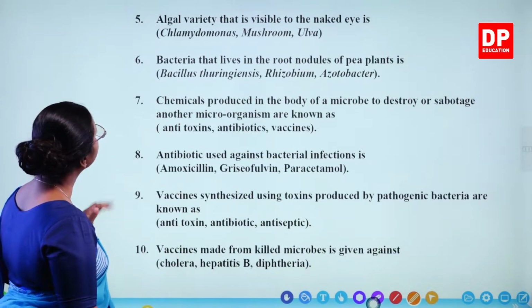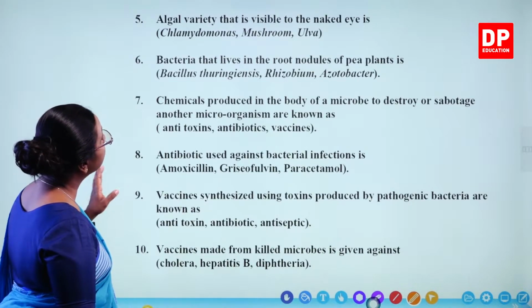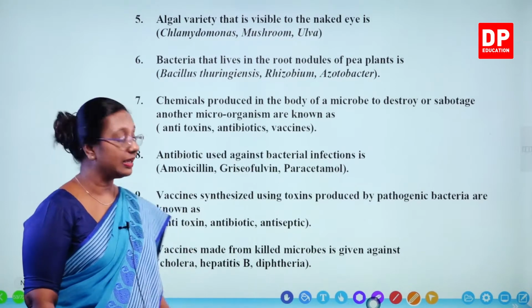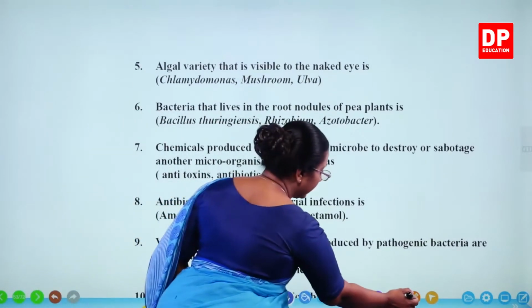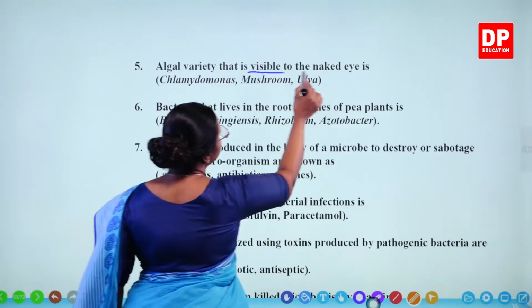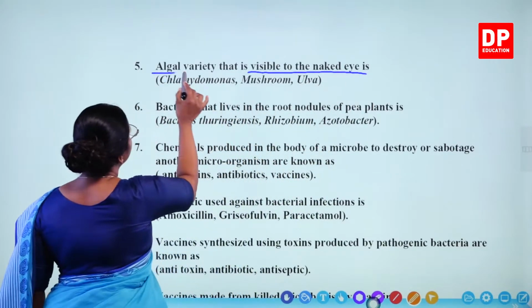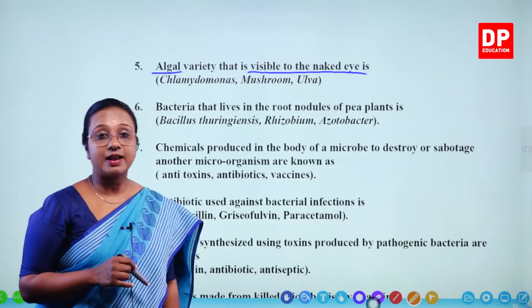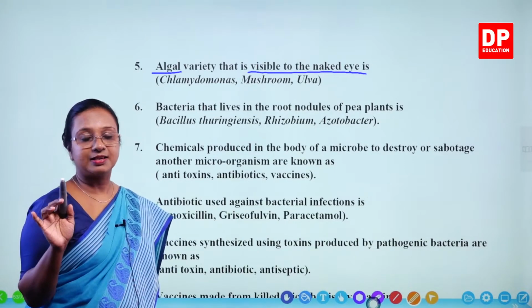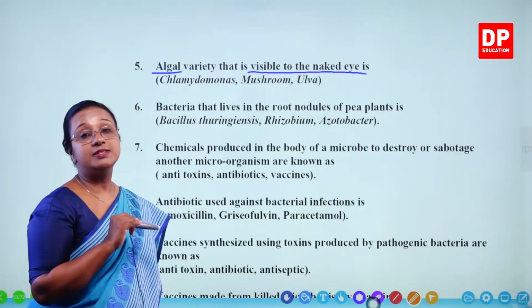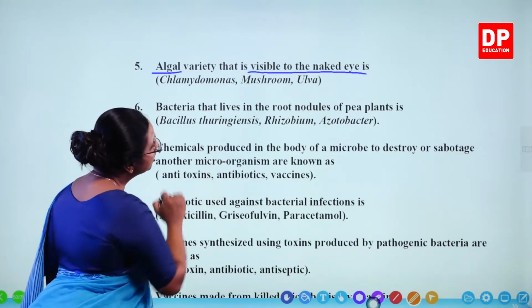The fifth one, algal variety that is visible to the naked eye. So you have to look at the question carefully. It is visible to the naked eye and it has to be an algal variety. Now Chlamydomonas, it's an algae, that's correct, but it is a unicellular algae.